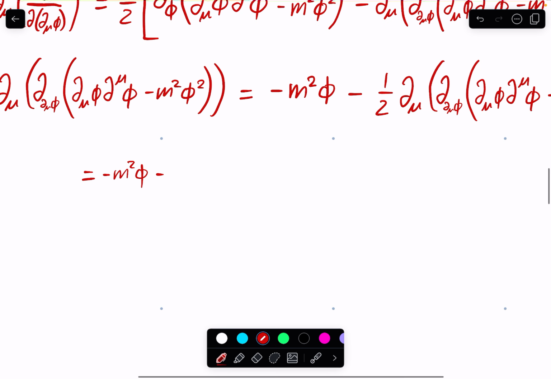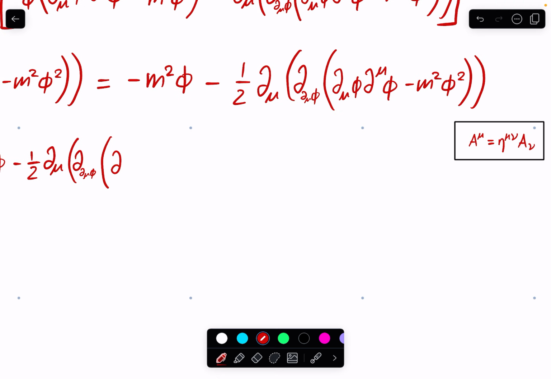So we have minus 1/2 the derivative with respect to the gradient of phi of the gradient of phi, and then we have the Minkowski metric, and then another gradient of phi minus m squared c squared.